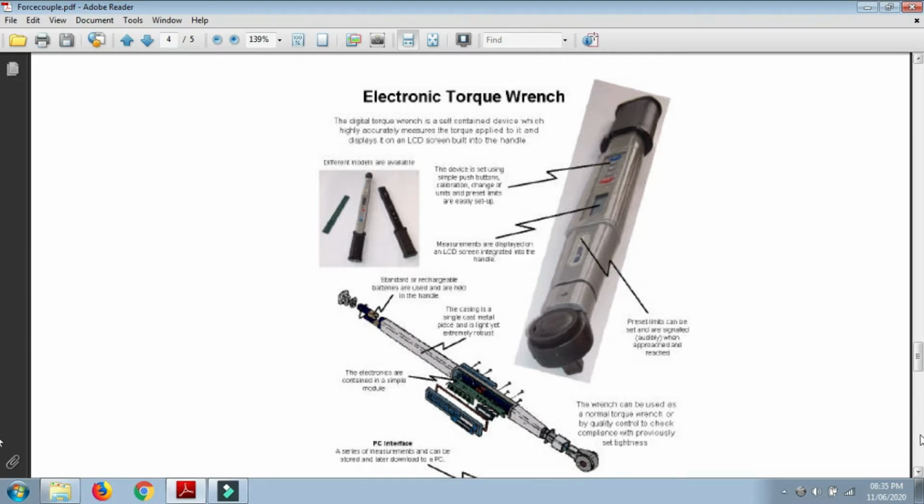When you go to the industry, specifically the automotive industry or space industry, or if you go to Sparco or other hi-fi places, where your JF-17 Thunders are being made, where they are tightening bolts or aluminum bolts, they will be using this electronic torque wrench to apply the correct torque.